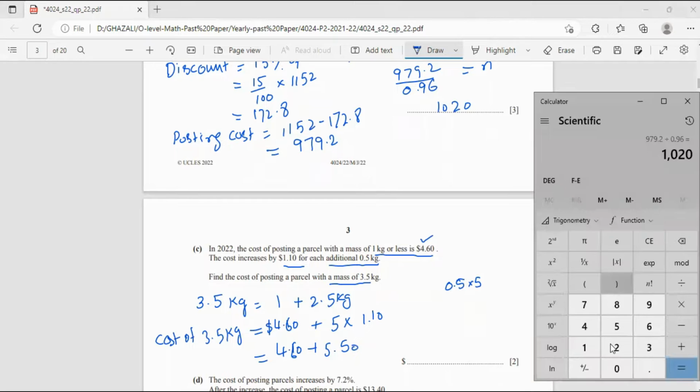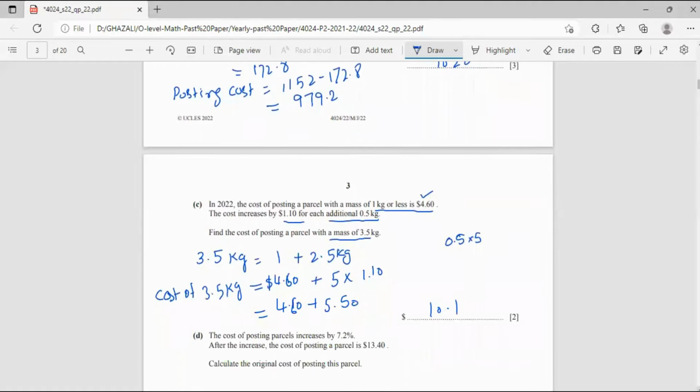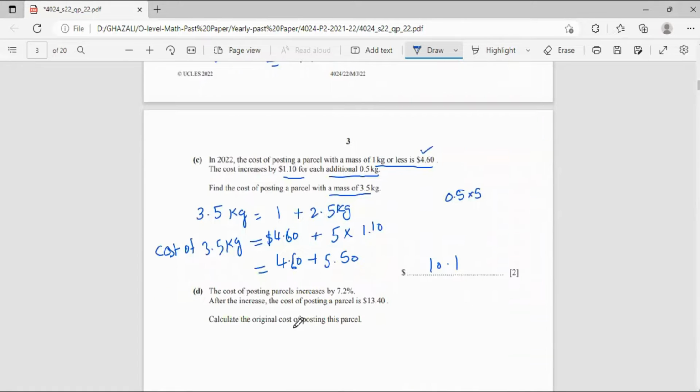Now we get 4.60 plus 5.5, that's equal to 10.10.